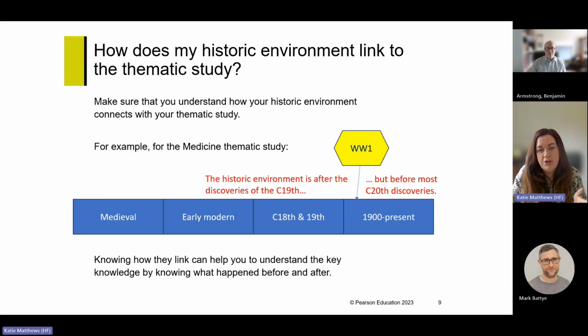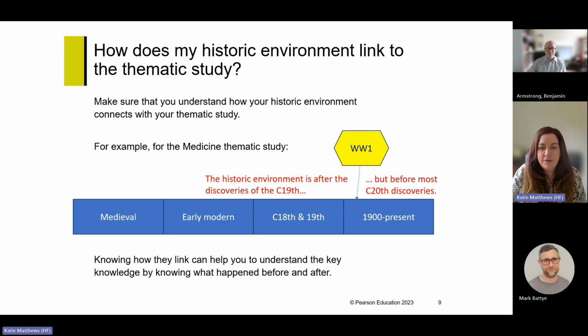So the chronology you need to be aware of, that World War One would fit into the period of 1914 to 1918, which is the same as your thematic key topic 4. So knowing how they link can really help you understand your key knowledge by knowing what happened before as well as what happened afterwards.